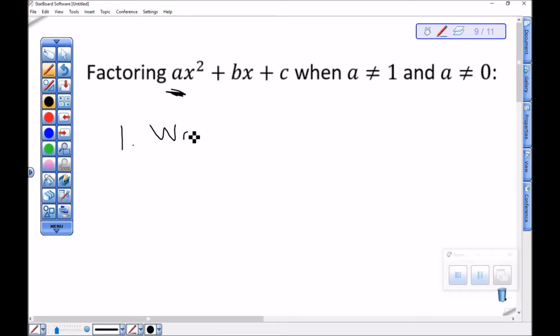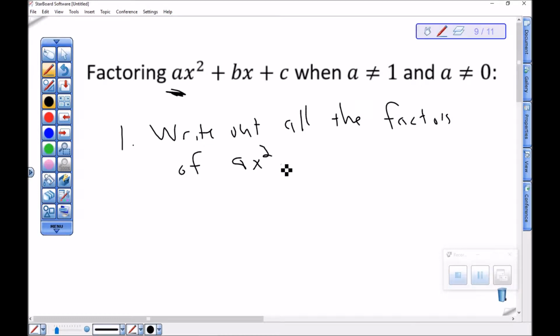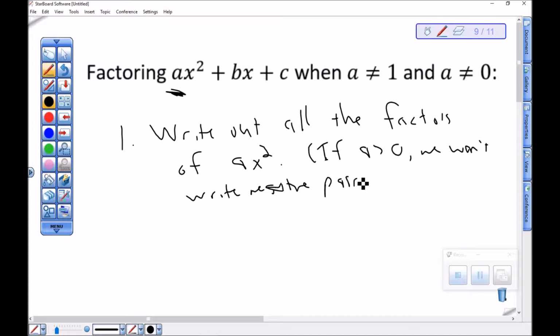First, we're going to write out all the factors of ax squared that we can find, with the caveat that if a is positive, we won't write negative pairs. That's because we can take care of the sign in the other part of this.